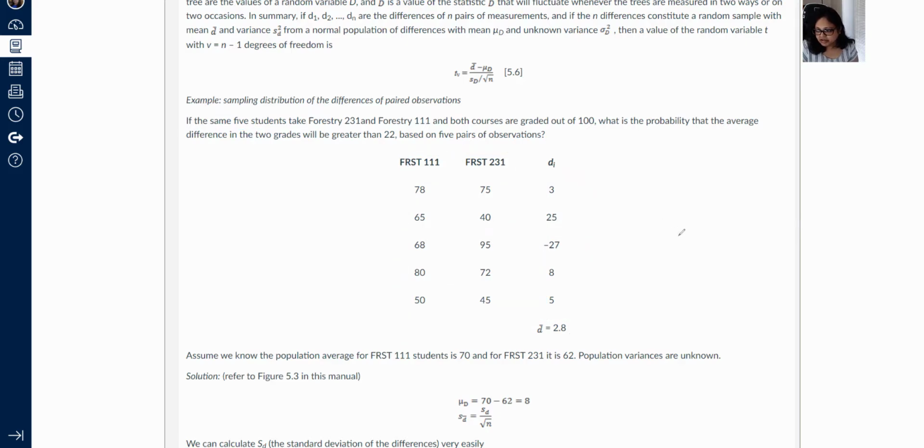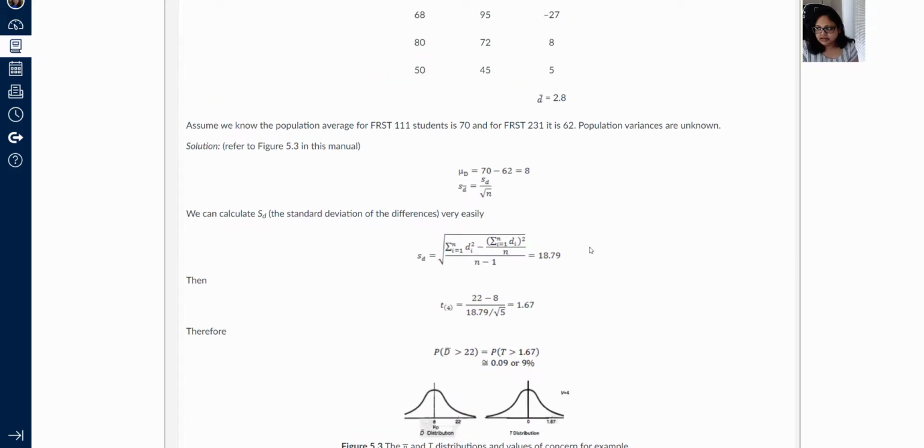Okay. And then the last part is easy, since we already got the sample mean for the difference, and in the population, the mean difference is given in the question. So you can see the population difference, and then we can find the standard deviation of the difference. After we find that, we can estimate the t-statistic value.